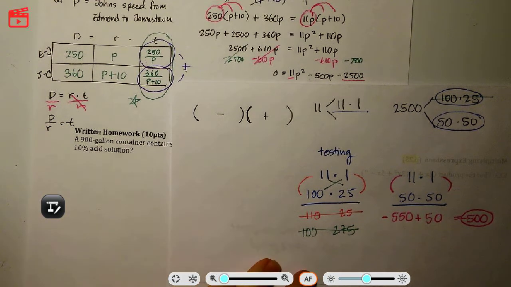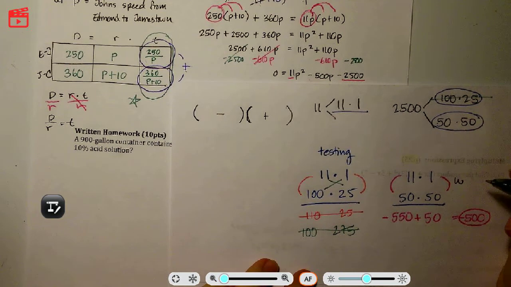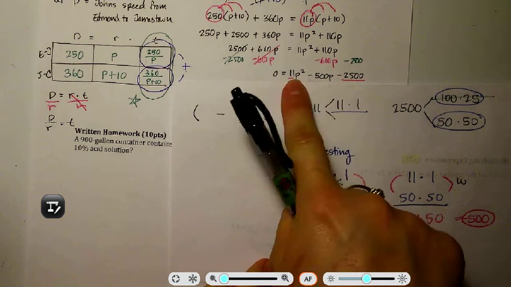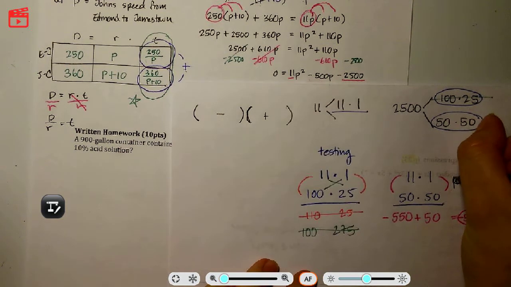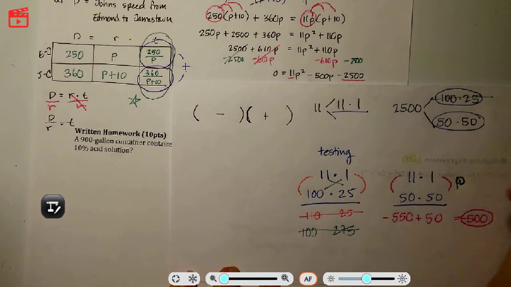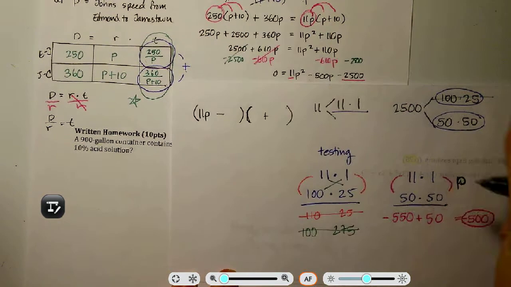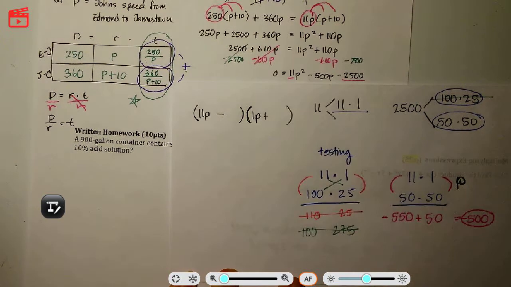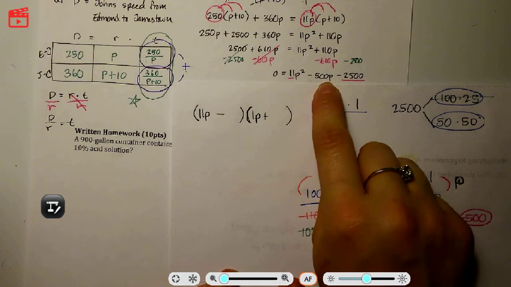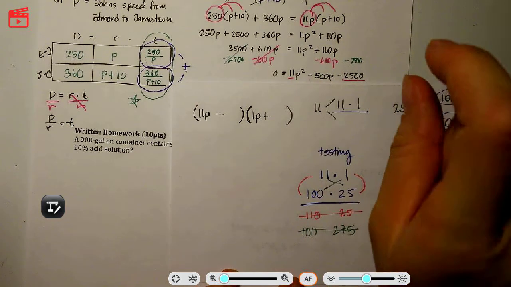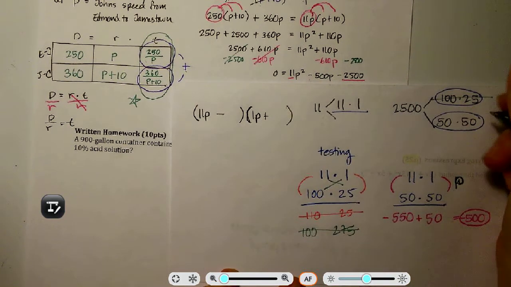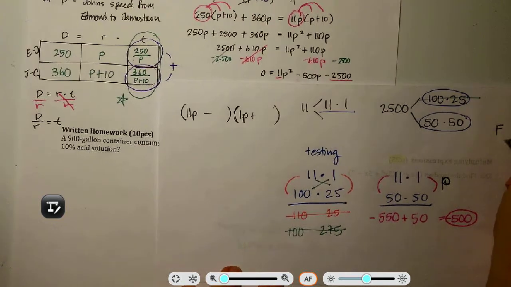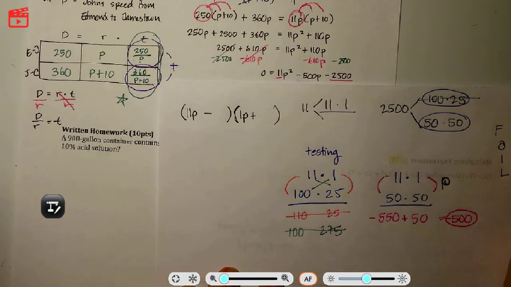Okay, so filling this in, remember the 11 times 1, those were our P values. So if I have 11P and 1P, now when I fill this in, remember, when we're factoring, we're looking for the inner product, which is made up of the O and the I in FOIL. Because remember, in FOIL, we're looking at these two.